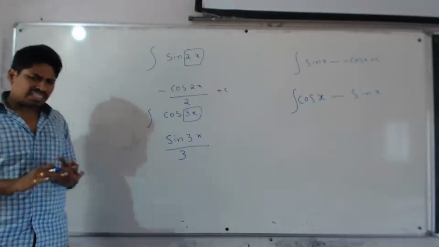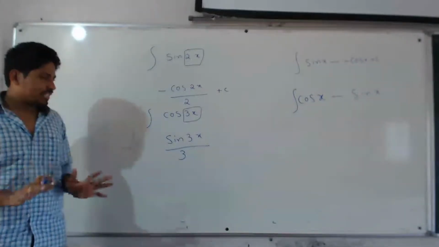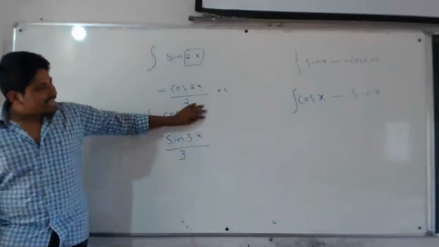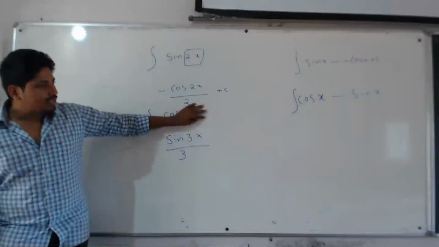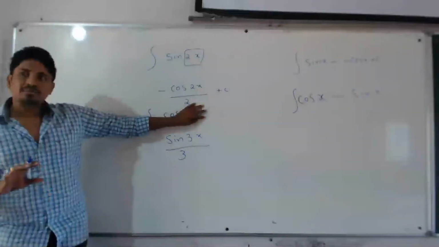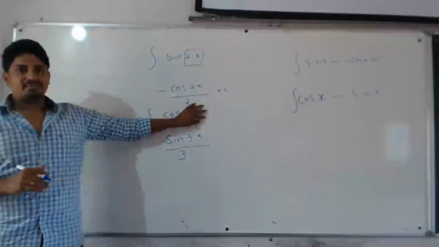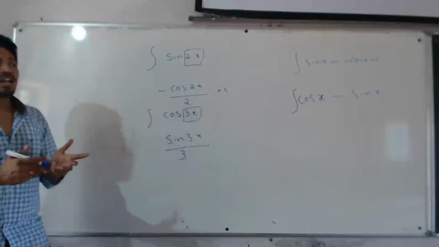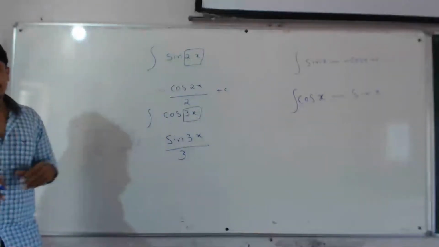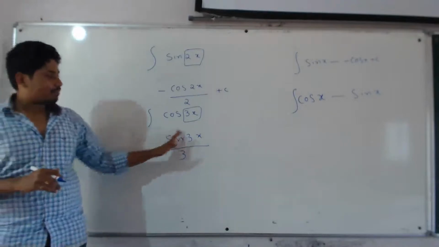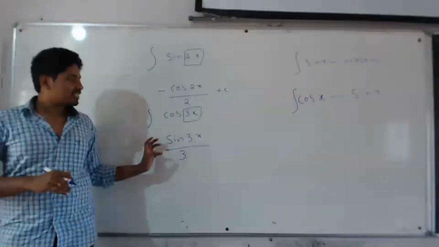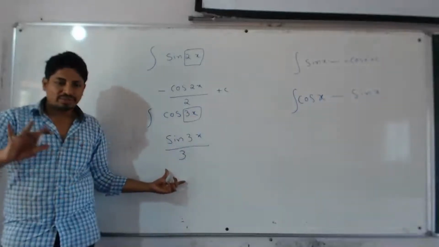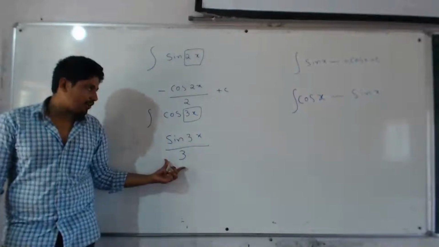Okay, nothing new today. The only thing is, if in the place of x there is ax plus b, you have to consider ax plus b as x. If you consider this as x, it will convert to the formula integral cos x, and proceed: cos of something is sin of something upon the x coefficient, which will come in the denominator.